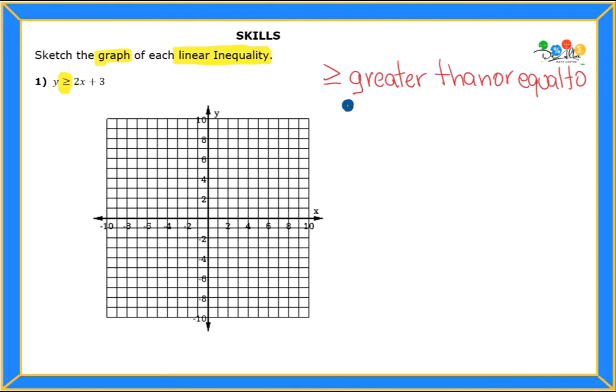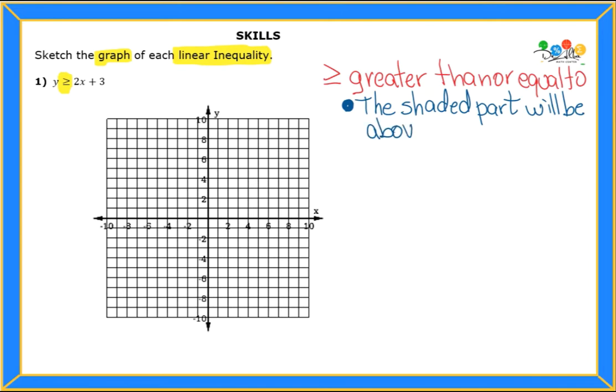Since the word is greater than, that's going to help us decide where the shaded region is going to be. And the word greater goes with above. So let's write this down. The shaded part, and we're writing all of this to help you for the notes, will be above the half plane.